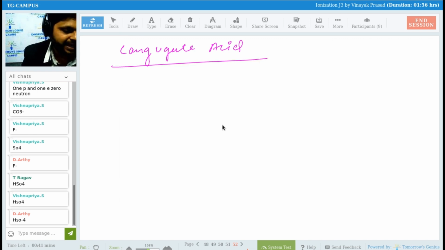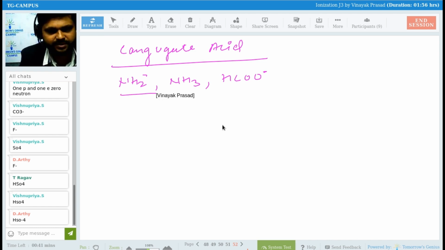We have NH2 minus. Second, we have NH3. Third, we have HCOO minus. Please do these first. What will be their conjugate acids?